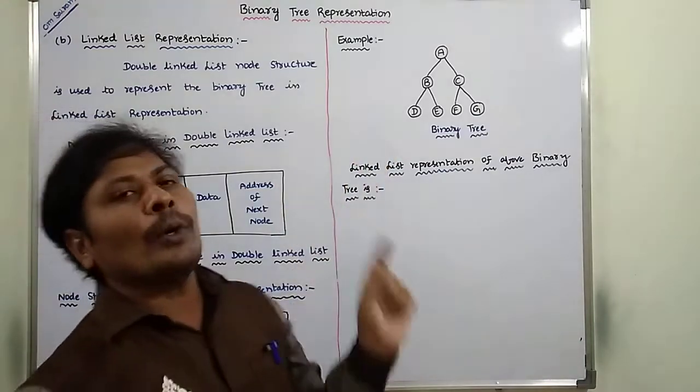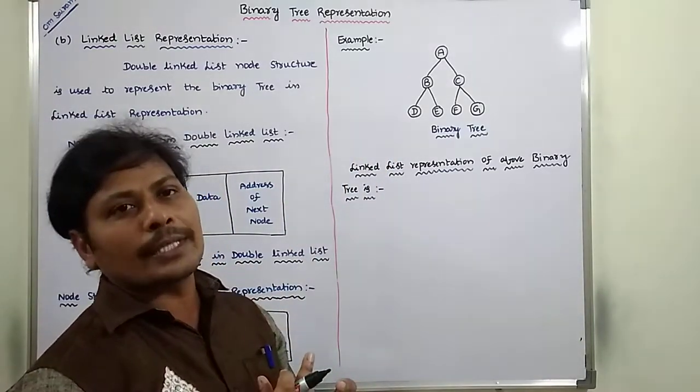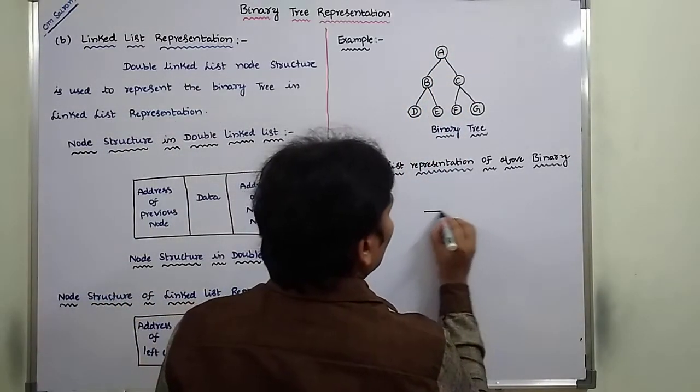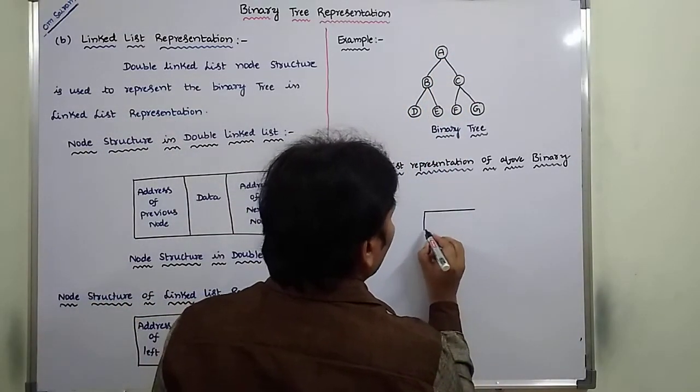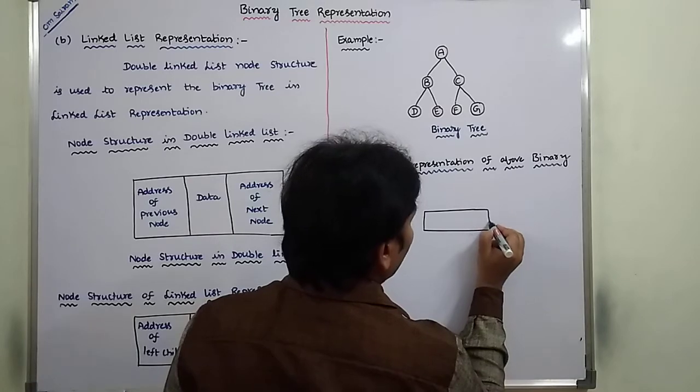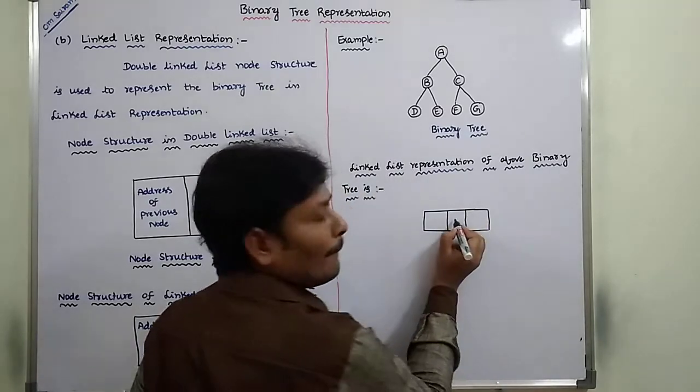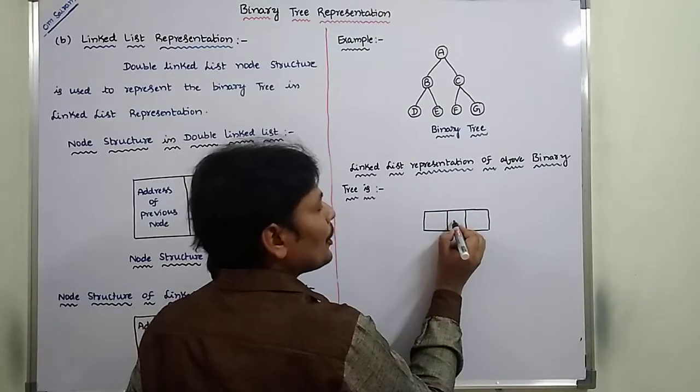Every node can be represented by using three cells. First, node A. At node A, we have to use three cells. In the middle, we have to store the node value.